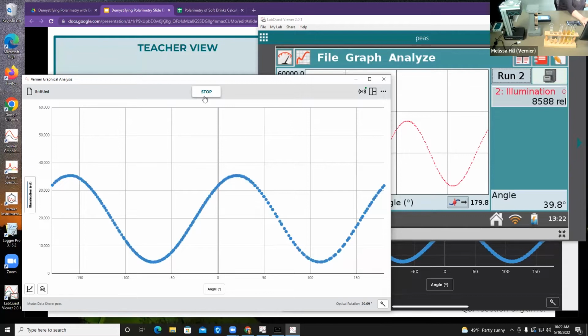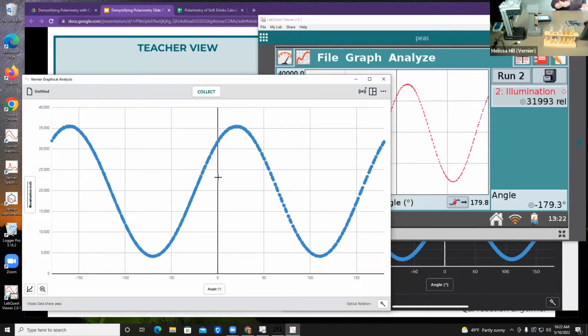And right away, I see my predominant peak is shifted positively away from 0. So I know right away sucrose is a positive enantiomer. It's shifting light positively. So that in and of itself is very illustrative for students. I always relate to students that have such a difficult time understanding stereochemistry.